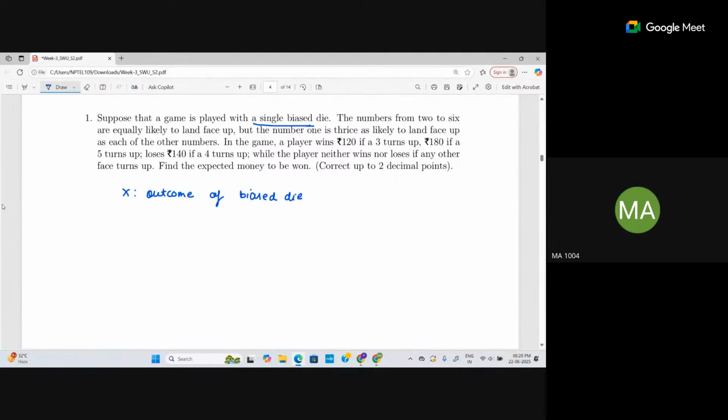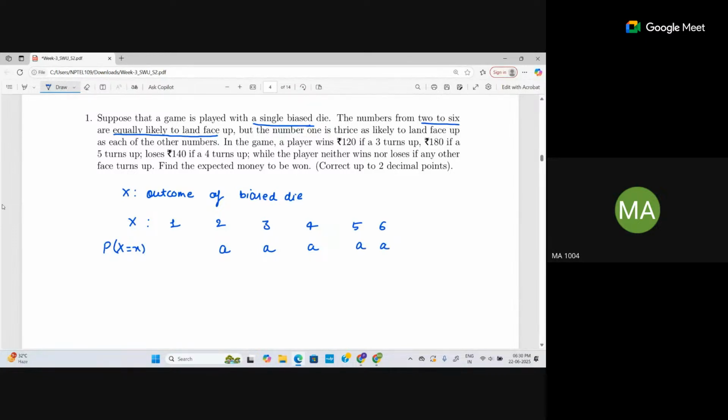Since we have a die, the random variable x will be taking values 1, 2, 3, 4, 5, and 6. Now we want the probabilities. It is given that 2 to 6 are all equally likely to land face up, which means the probability of x taking value 2, 3, 4, 5, 6 should be the same. Suppose it is some constant, a.